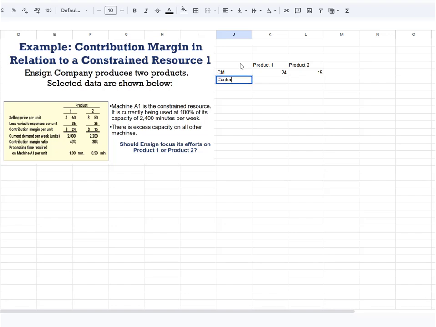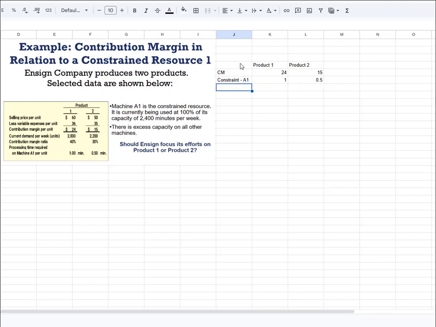So our constraint is machine A1. And how much of the constrained resource does each use? Product 1 requires 1 minute per unit, and product 2 requires 0.5 minutes.